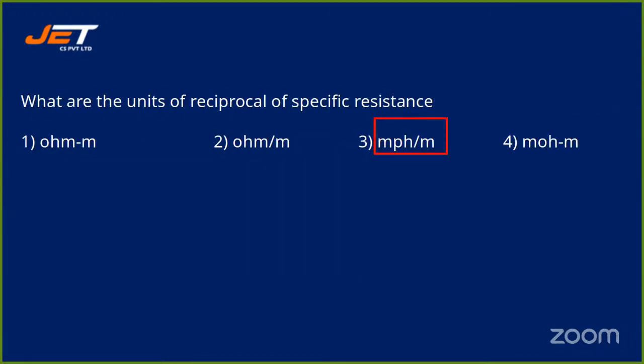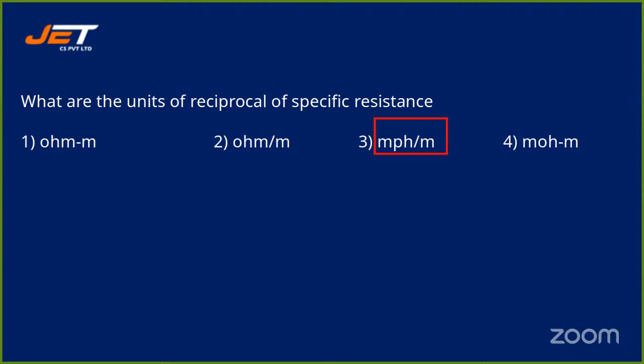Okay, so what are the units of reciprocal of specific resistance? Specific resistance is nothing but resistivity, which we were using in the previous problems, where R is equal to rho L by A. I was explaining you, right? Where rho is basically specific resistance. The question says reciprocal of specific resistance.